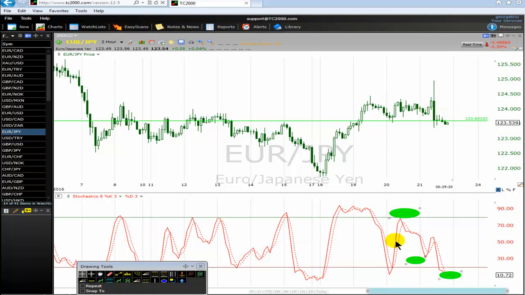When the stochastic reaches the overbought zone for the first time and then starts coming down and displays a low that is not in the oversold zone, and then rallies up a bit, forming a lower high that is not in the overbought zone, and then finally reaches the oversold zone, the stochastic is going from overbought to oversold in 3 moves: 1, 2, 3. So this is a specific stochastic pattern.